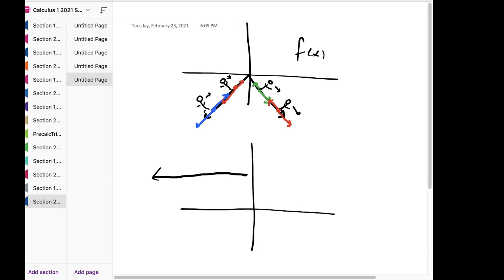Okay, now, what happens at 0? Yeah, the function exists at 0, it's a point, but how about the tangent line? Yeah, it's going to be hard to talk about tangents there, right?